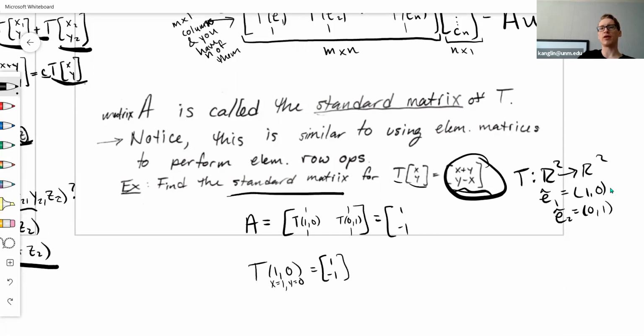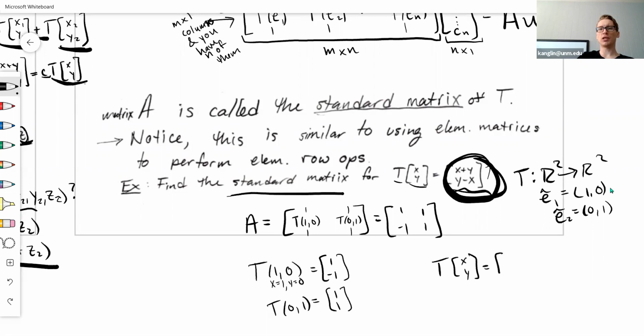So that's the first column of our representative standard matrix. T of (0, 1) says x is 0, y is 1, we get (1, 1). Just by plugging into here. Right? And that does it. That gives us our standard matrix. T of (x, y) is the same as multiplying the matrix with rows (1, 1) and (-1, 1) by (x, y).